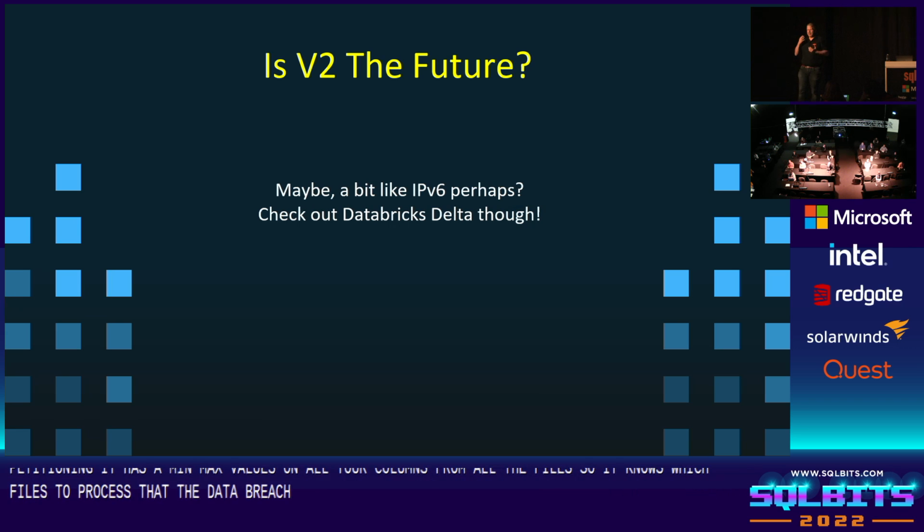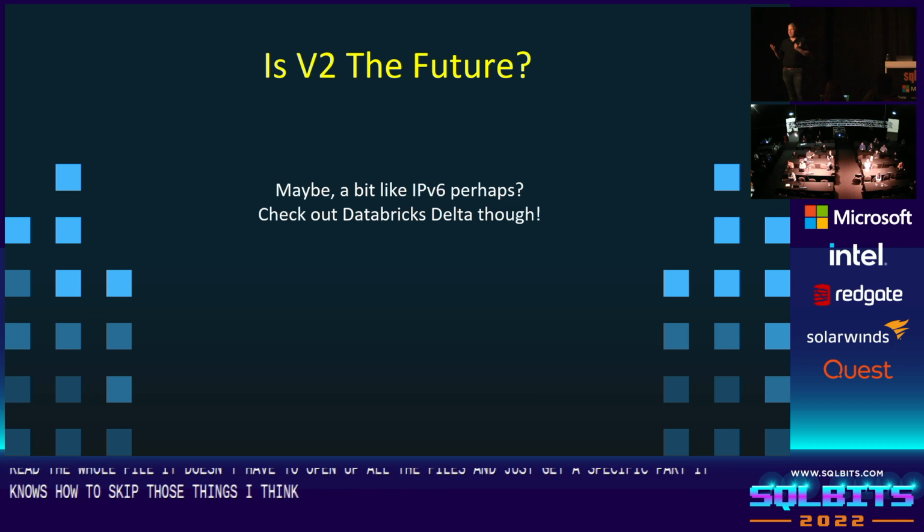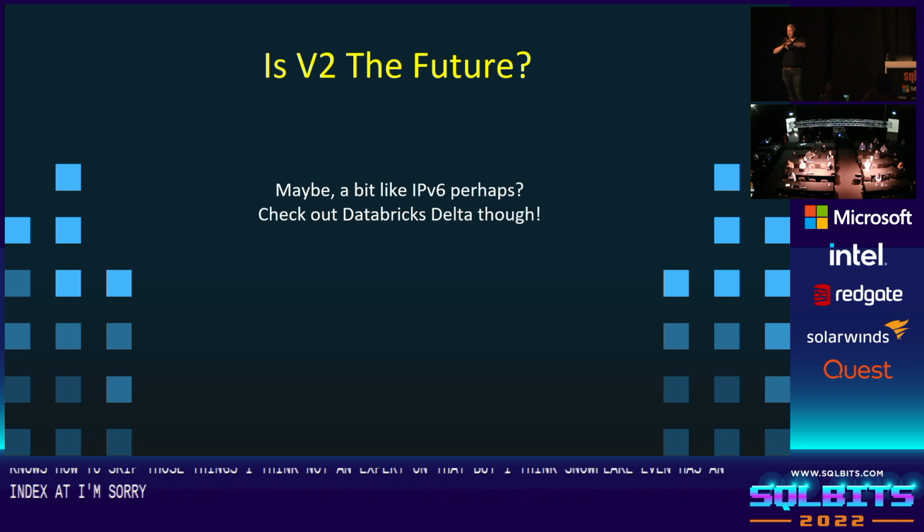Databricks Delta has some specific tricks allowing you not to read the whole file. It doesn't have to open up all the files and just get a specific part. It knows how to skip those things. I think, not an expert on that, but I think Snowflake even has a separate engine on top of the metadata to do really fast caching of all these min-max values of all the separate files that they use.